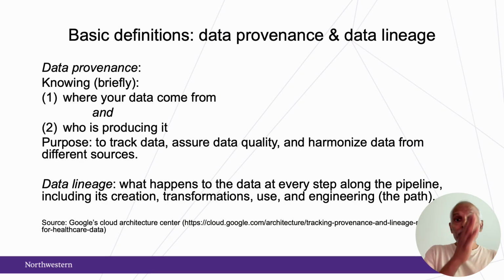On the other hand, lineage is once the origin starts, what are the various things that happen to the data on the way all the way from data generation to data usage, data management, data engineering, and prediction. At every stage, data goes through some changes, and tracking that is what is called the data lineage.